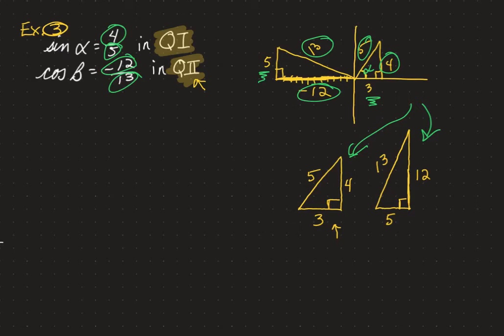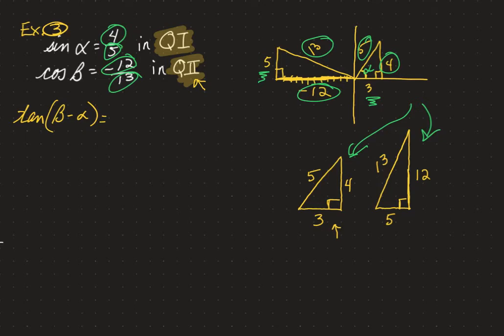So knowing the sine of alpha and the cosine of beta, we were able to draw the complete triangle and label the sides appropriately. Now that we have all those sides labeled, we can work with any of the trigonometric functions we want to. So let's evaluate the tangent of beta minus alpha. Okay, first notice the order switched between beta and alpha. Alpha usually comes first. It doesn't have to. We just have to follow the pattern.